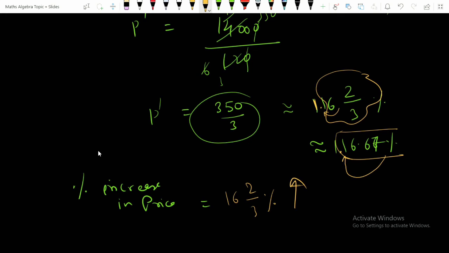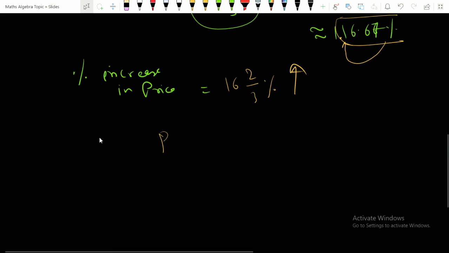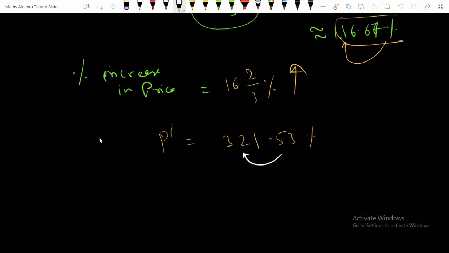Suppose P dash we get is 321.53%, for example. Then what do we have to do? You have to put the decimal here.